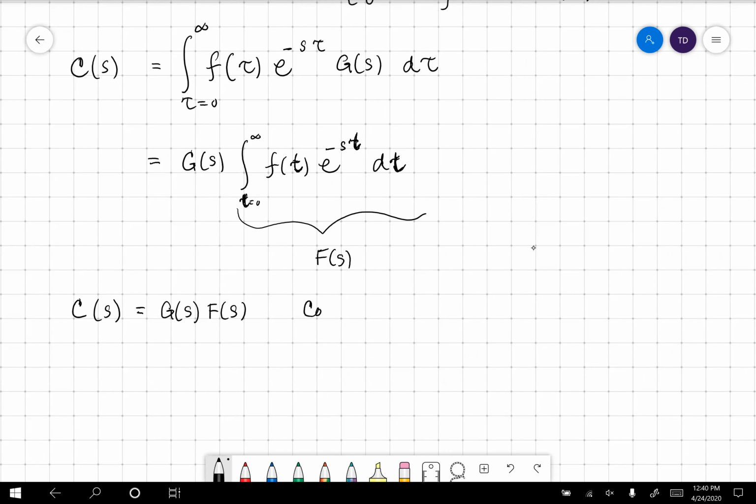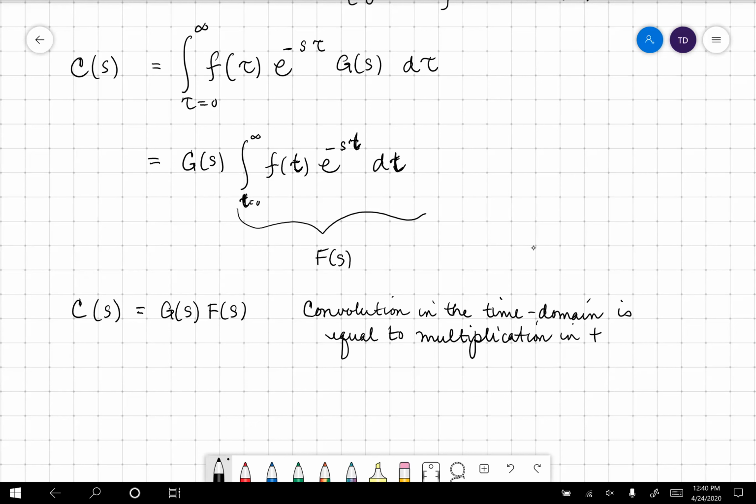I'm going to write that down. This is another reason we love the frequency domain.